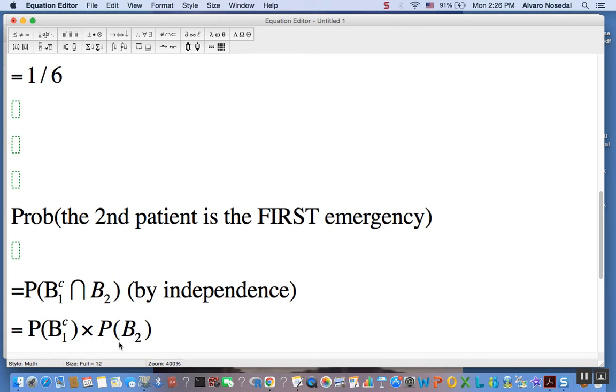And then we know that the probability of any arrival being an emergency is 1 over 6. So we're going to have 1 over 6 here, and we're going to have the complement here, right? We're going to have 5 over 6 here.